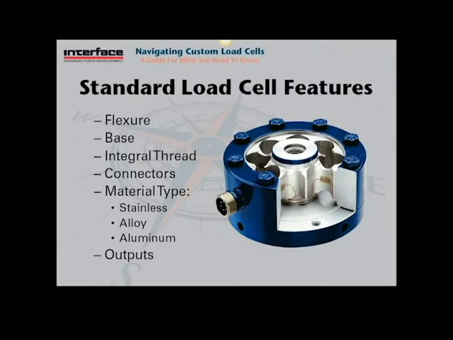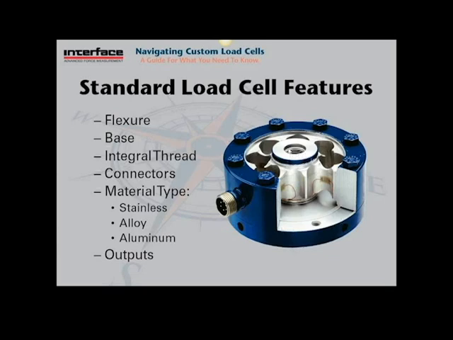The flexure is made from different material types, such as stainless steel, alloy steel, or aluminum, and it has a strain gauge attached to it. Then underneath it, we have what's called the base. The base is the part that Brian explained earlier, where when you attach it to the flexure, it gives you results that are very close to the ones that we get here in the factory.